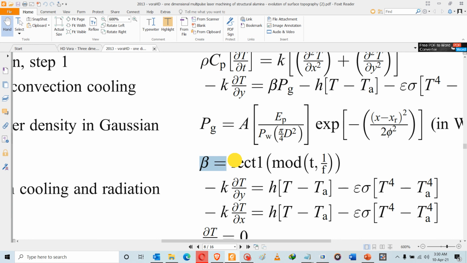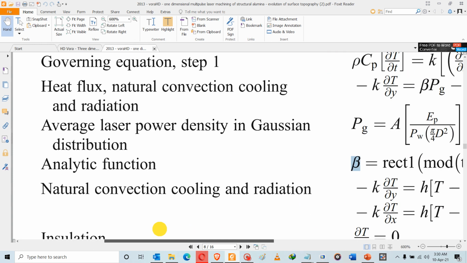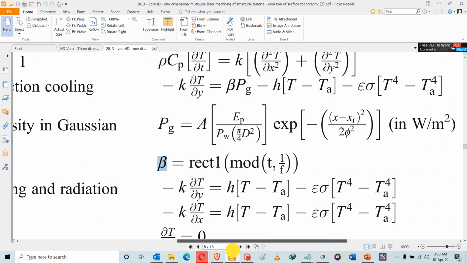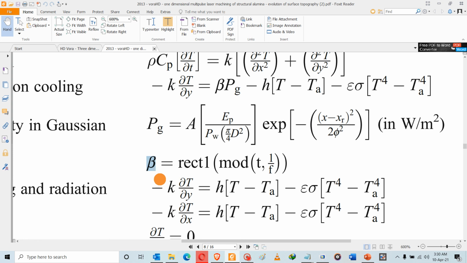Beta is rect mod, rect1 mod t, that's the period. So in a way, they used a square waveform and then they modulated it. So this is an analytic function. As they describe it here, they use an analytic function to combine everything. So we're going to do that as well.